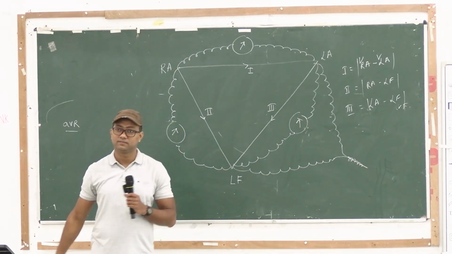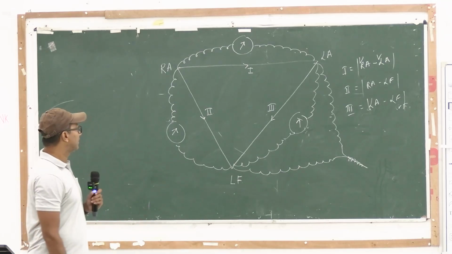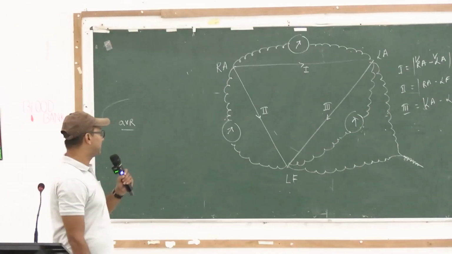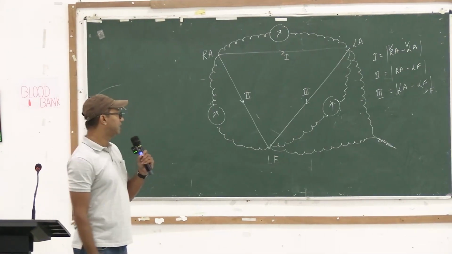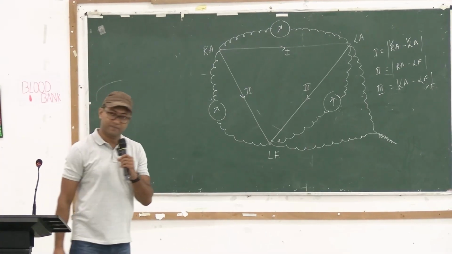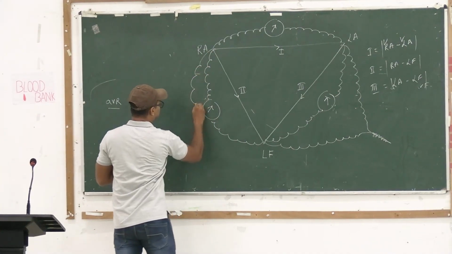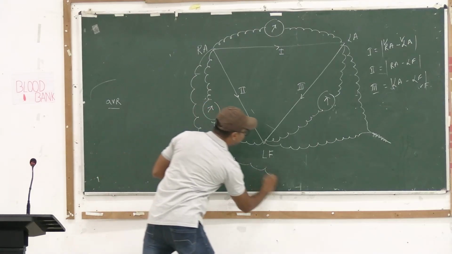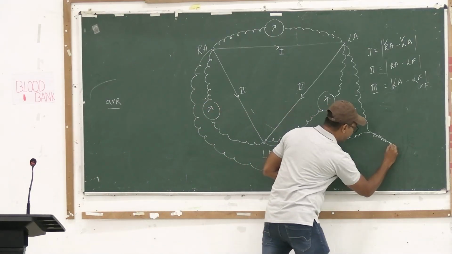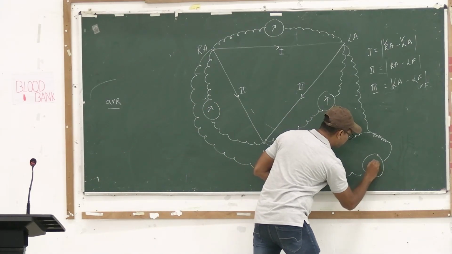Then take another long copper wire from RA and connect it with this common terminal.